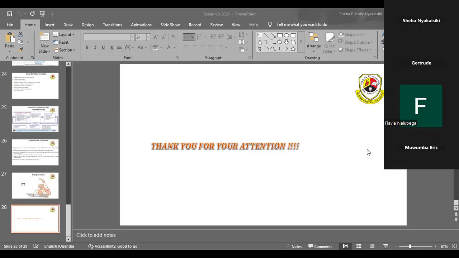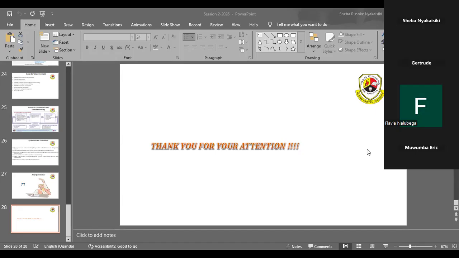Maybe our registry processes: look at applications, admissions. Then after admissions, we go to the academic side, teaching and learning.